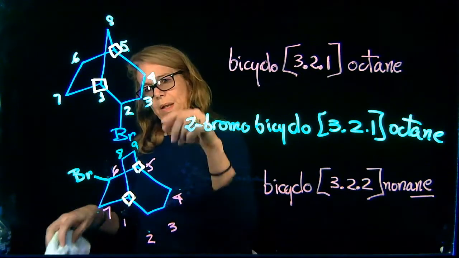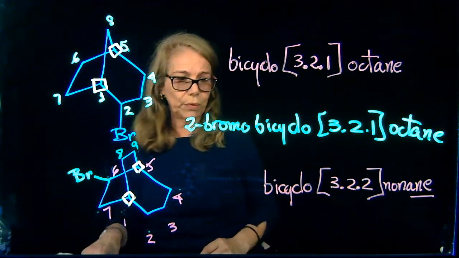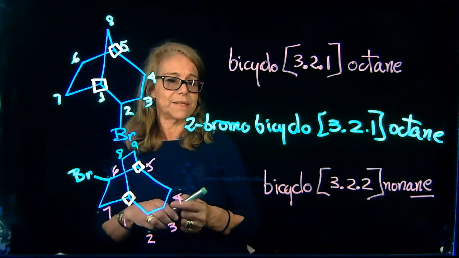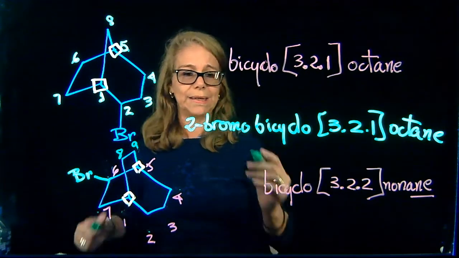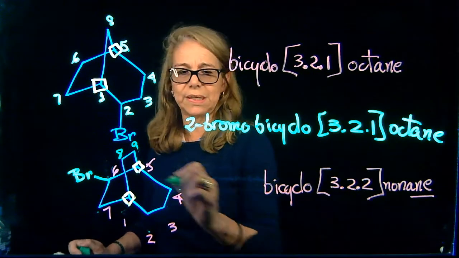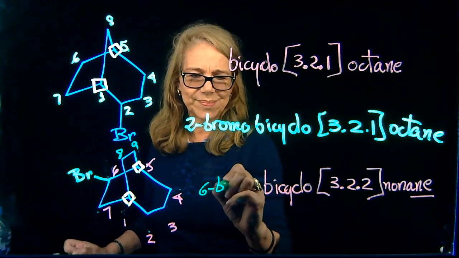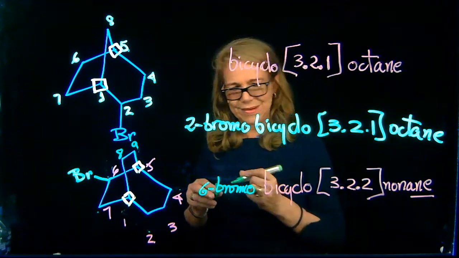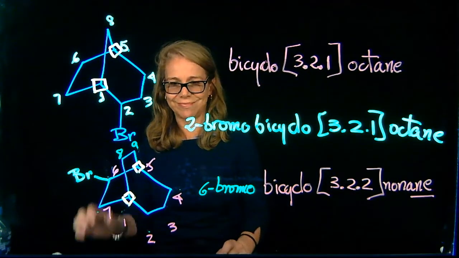The 9 didn't change. So what we're going to do now is to complete the name. Now, bromo is in carbon 6. And for the complete name, I need to add that to the name. So I'm going to say 6-bromo bicyclo 3, 2, 2 nonane. Okay.